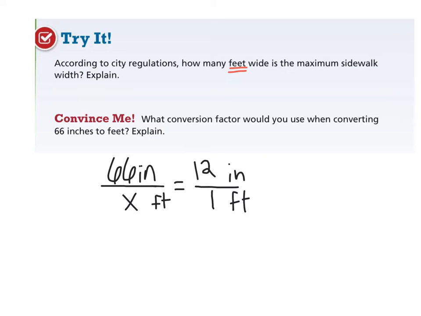Okay, so from this we can figure out how many feet that's going to be. We've talked about looking for patterns. Certainly if you had a calculator, it would be no problem to take 66 divided by 12.